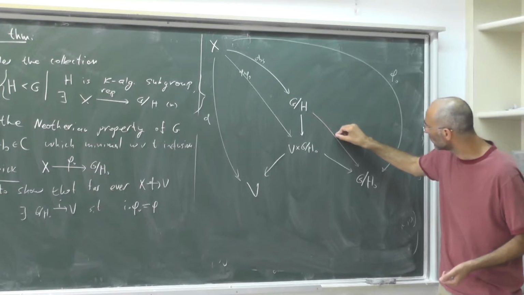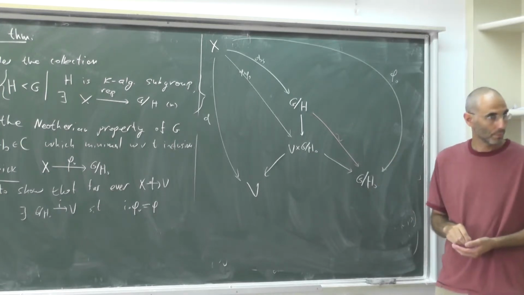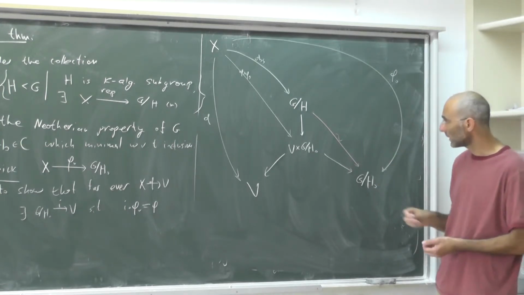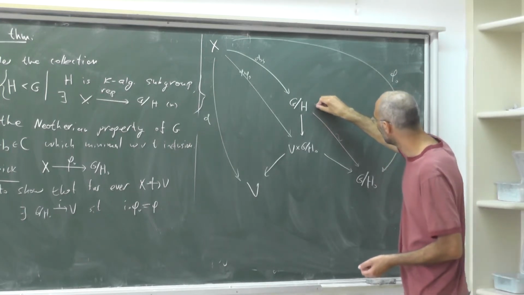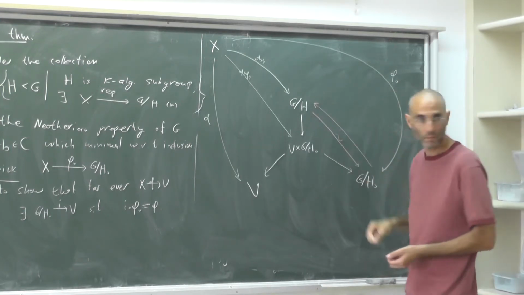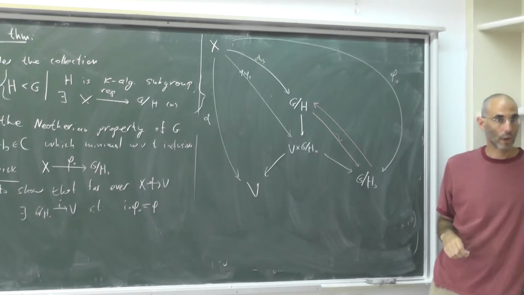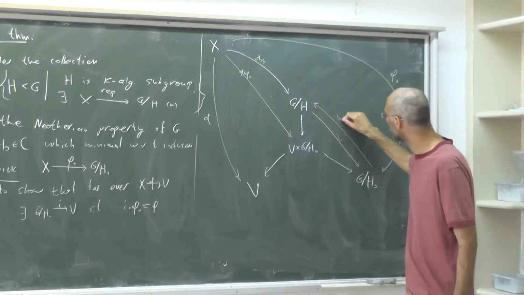So this must be an isomorphism. And so I do get this map back, just out of the minimality.